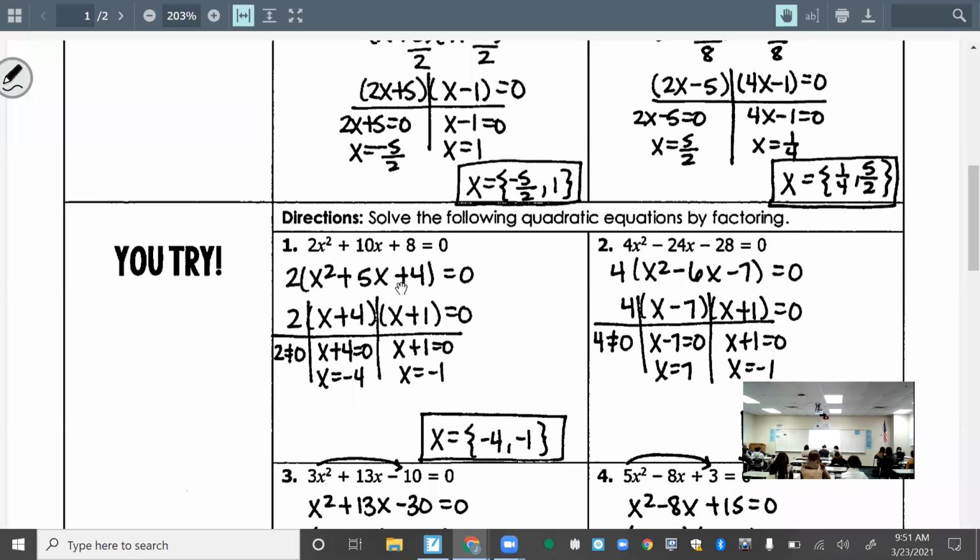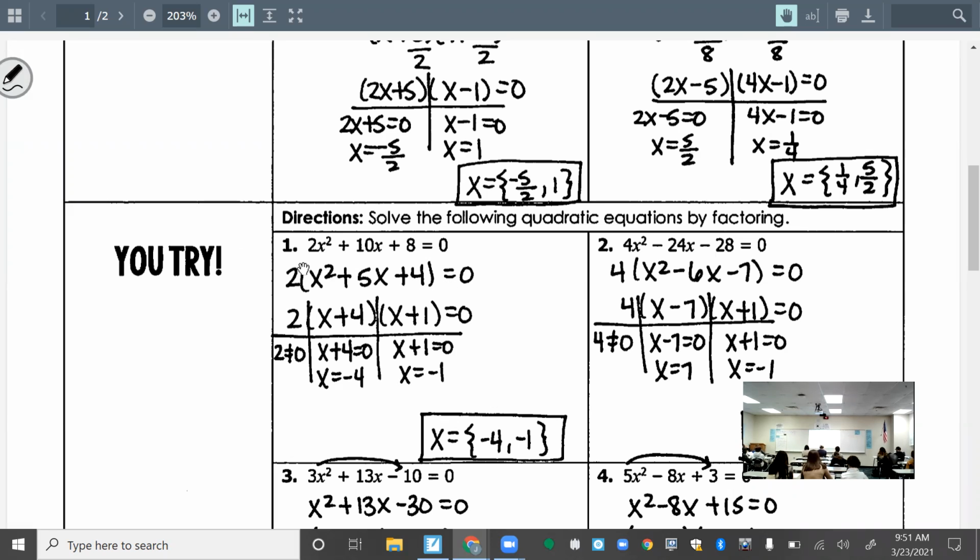All right, so if you did it correctly, your final answer should have been -4 and -1. You could have solved it by slide and divide too, but GCF might have been a little easier, fewer steps involved. 2 can be divided evenly into both, so that's what's shown here.